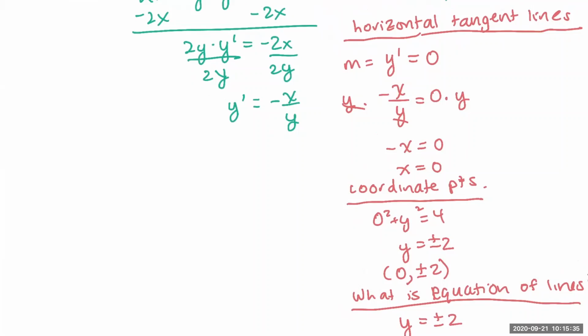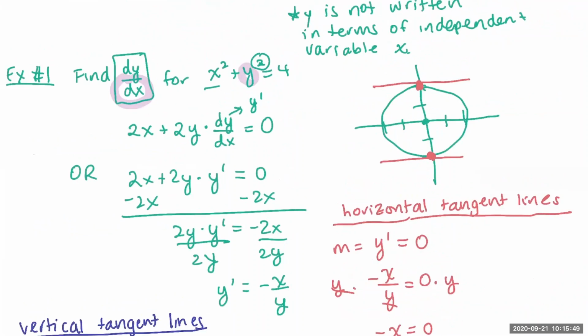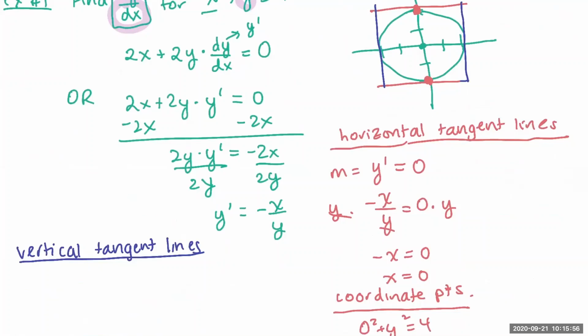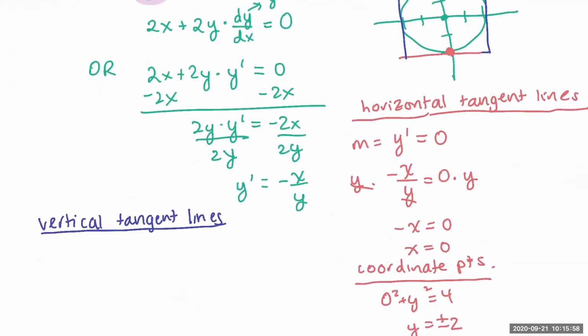Okay, so let's put a spin on this now and say, what are the vertical tangent lines now? Real quickly in the chat, when you have a vertical tangent line, which I'm going to draw here physically, it kind of looks like the circle is inscribed within a box. What's the slope of a vertical tangent line?